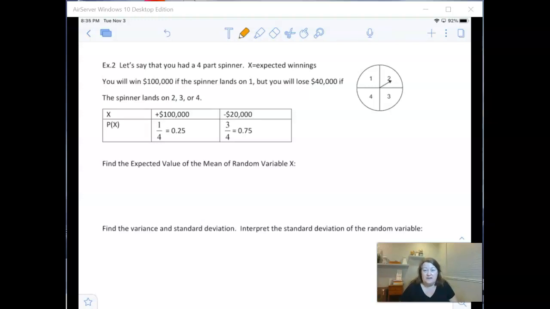So let's find the expected value of the mean of the random variable X. So expected value, E of X, also known as mu sub capital X, and it's just the weighted average. So we're going to take the 0.25, multiply it by the 100,000, add it to the 75%, multiply that by negative 20,000.